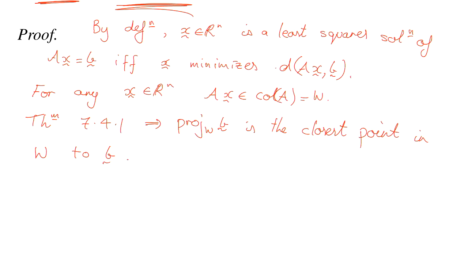Right? So if we want Ax to be as close as possible to b, we have to choose Ax to be the projection of b onto W, or b onto the column space. Okay? You don't have any choice.